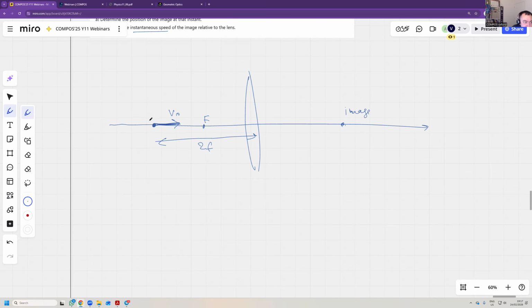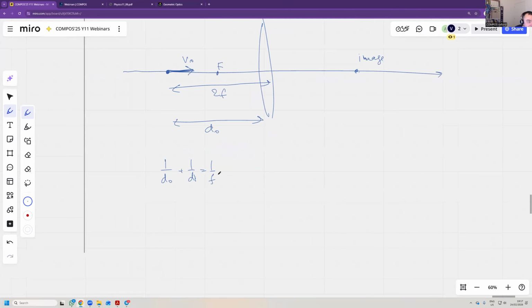So this is DO, and we write 1 over DO plus 1 over DI is equal to 1 over F. First we need to find DI.